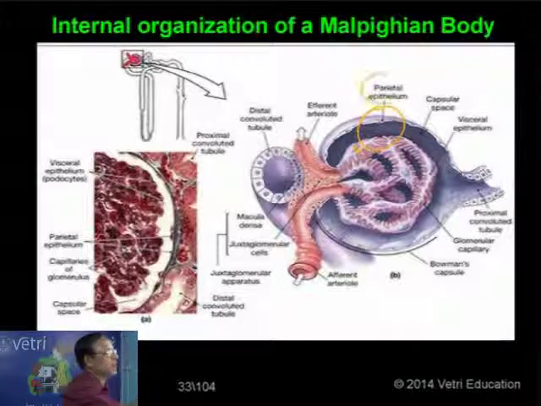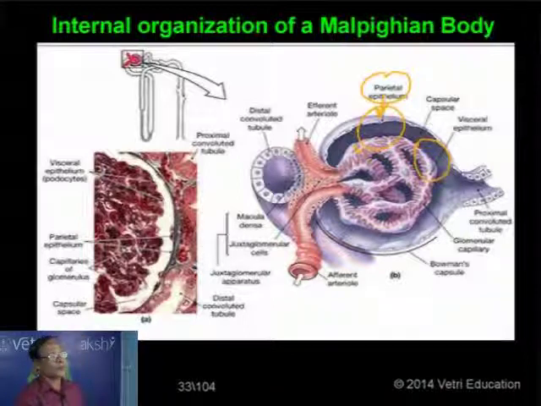This is the outer capsular epithelium, called parietal epithelium. And this is the inner one, the visceral epithelium, which is formed of cells called podocytes. The podocytes are structurally complete cells having interdigitating processes. These processes are called the foot processes, and in between them we have the openings, the slit pores, through which the various materials are filtered out.